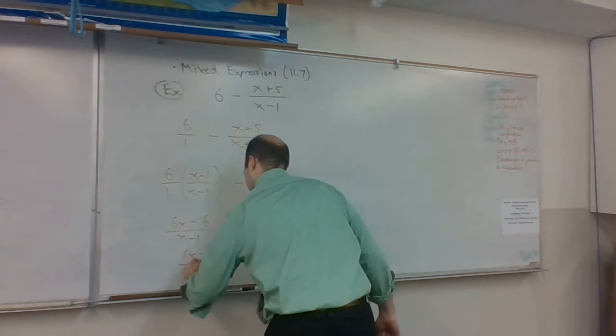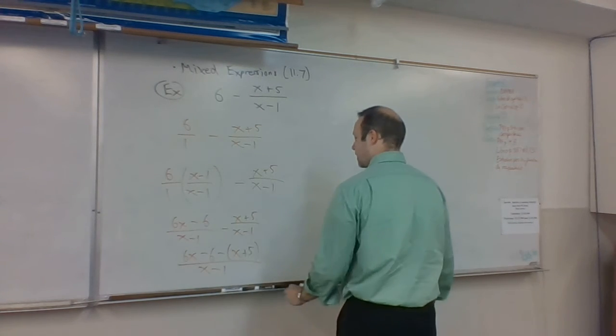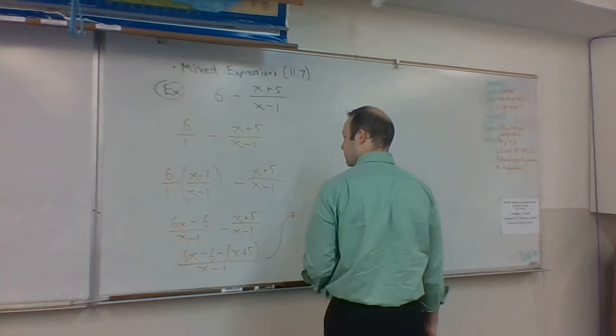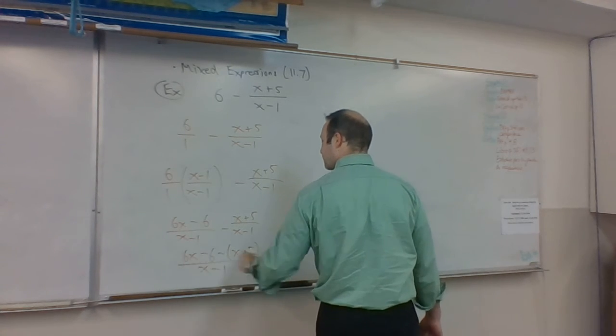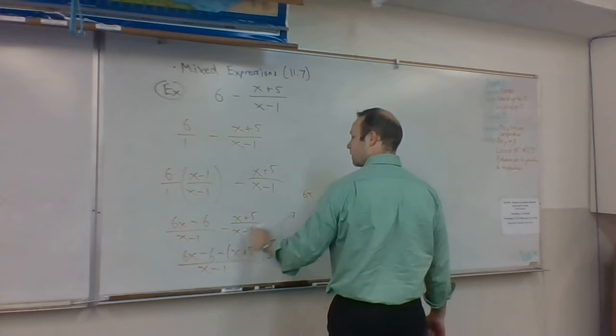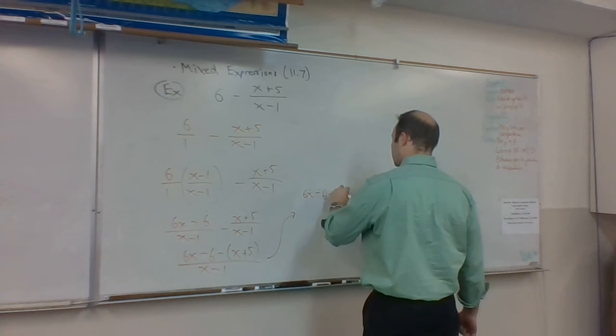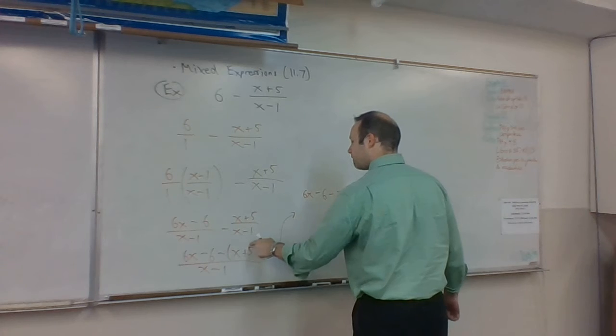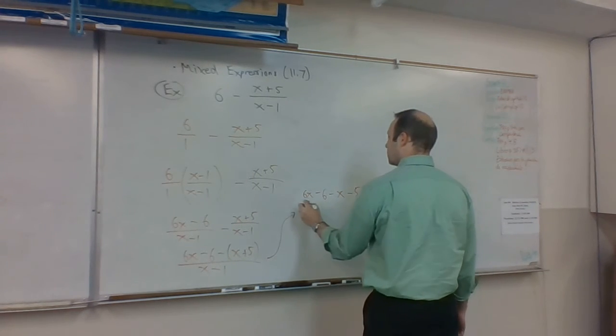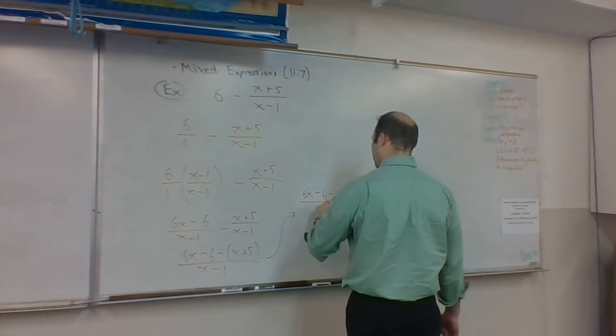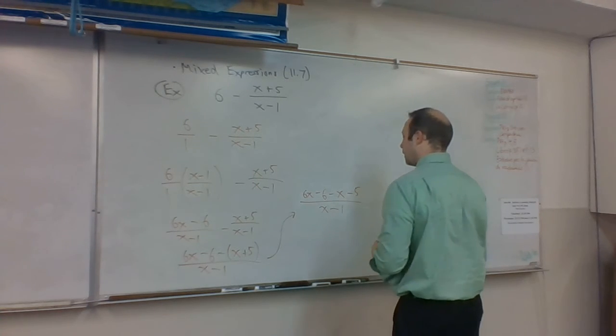That gives us over x minus 1, and I'm short on space here, so I'm going to come back up right up to here. So what do we have? We have a 6x minus 6 minus x minus 5 over x minus 1.